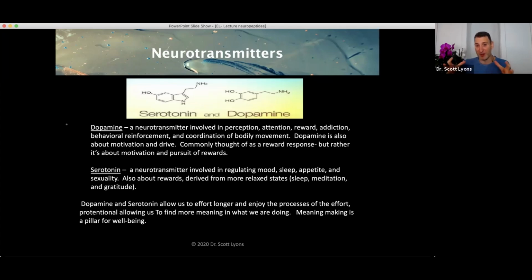It's that buffering that not only allows us to effort longer and enjoy the process, but also derive meaning from it. And meaning making is one of the main pillars of well-being. When we're learning from something, when we're growing from something, when our process or the journey holds significance.